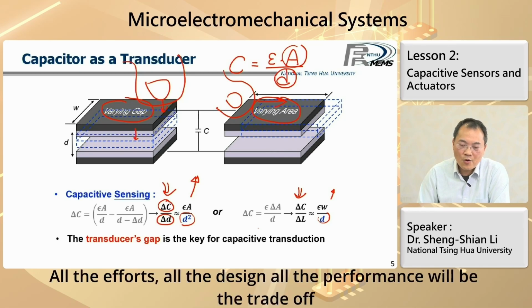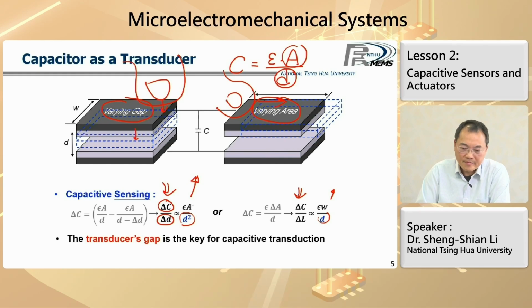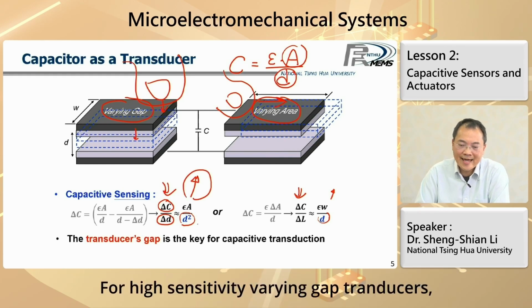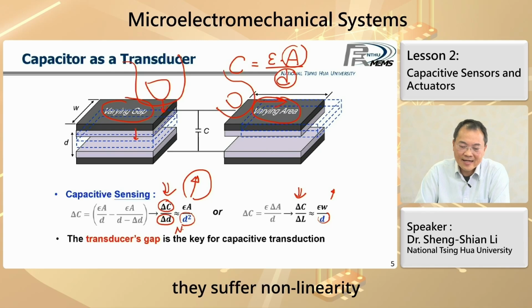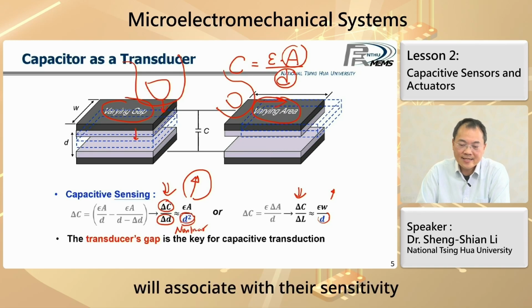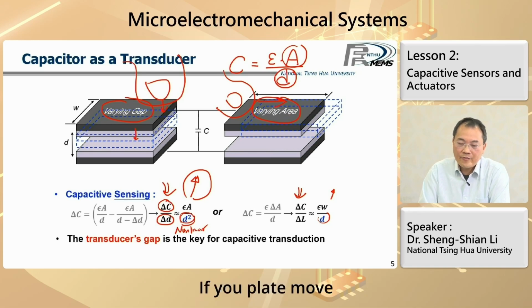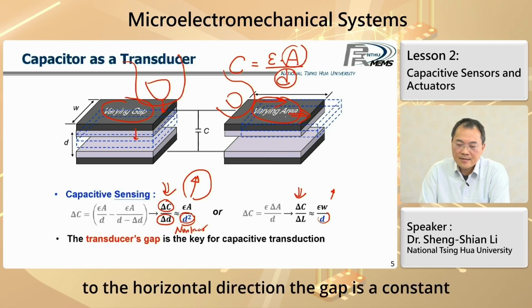But all the efforts, all the design, all the performance will be a trade-off. High sensitivity variant gap transducers suffer nonlinearity because their gap change is associated with their sensitivity. But if your plate moves in the horizontal direction, the gap is constant.